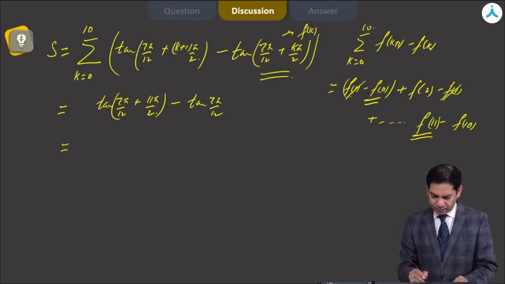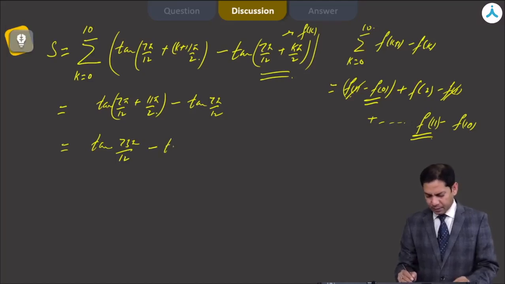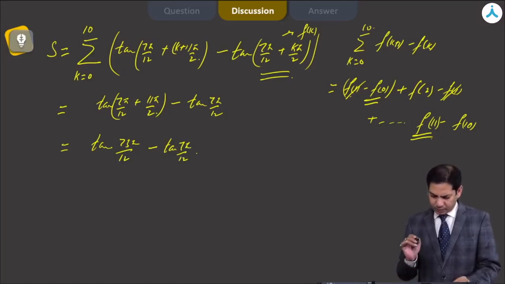And this is tan(73 pi by 12) minus tan(7 pi by 12). Now let's convert them into angles which can be handled.